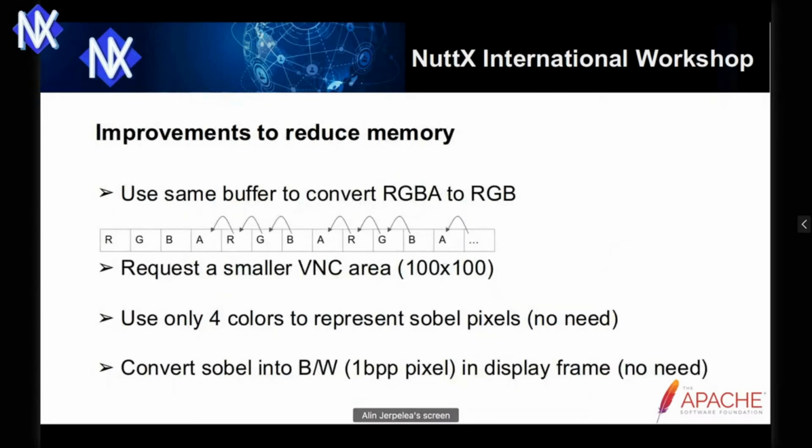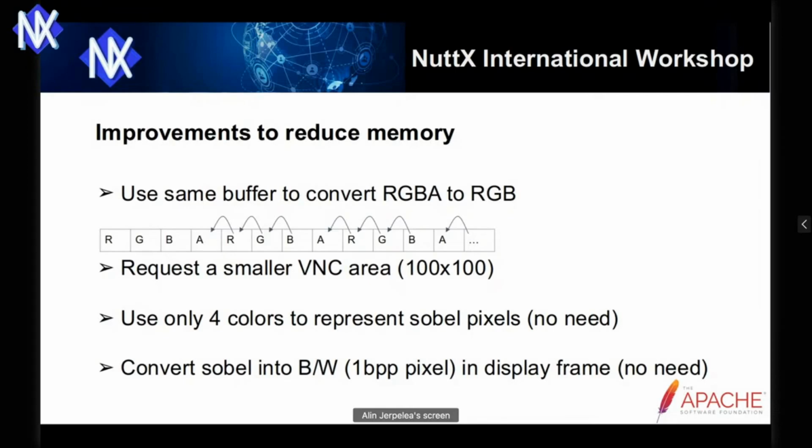So the first idea was just to use the same RGB alpha buffer to convert it to RGB. So I just need to move the red to the alpha position, then the green to the position where red was before, and then the blue to the green, and so on.